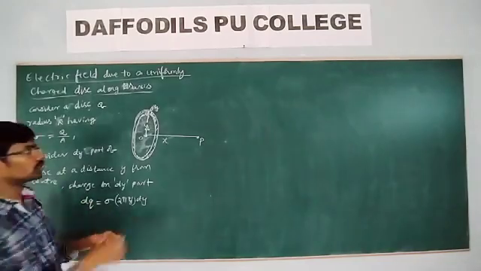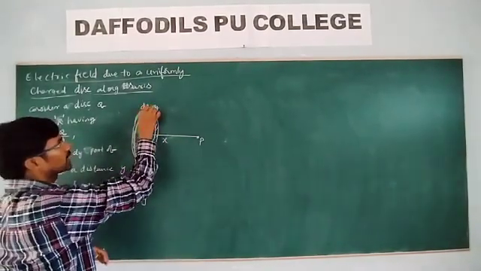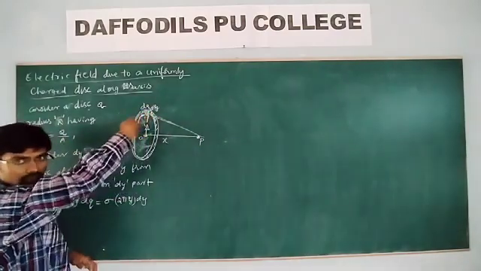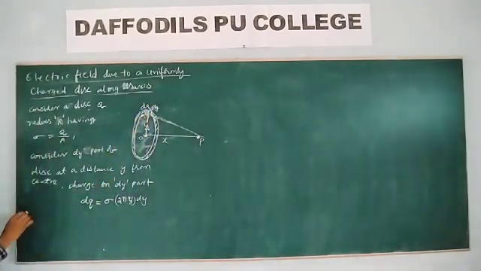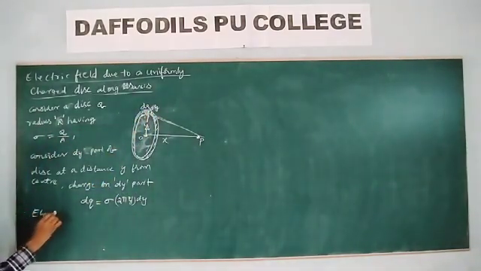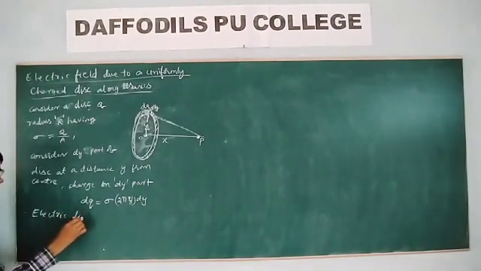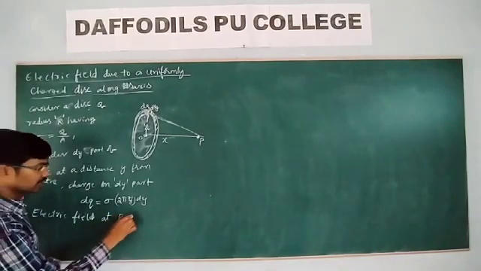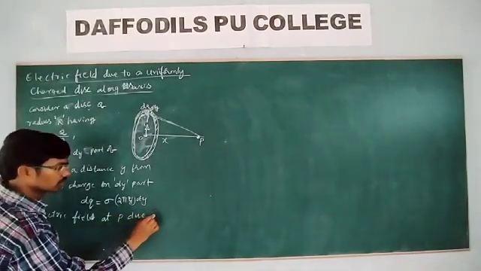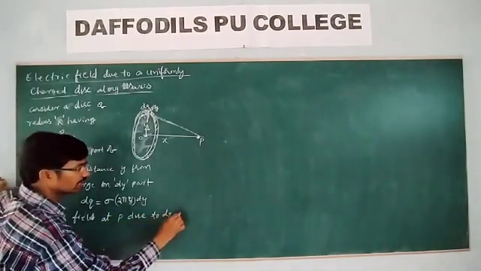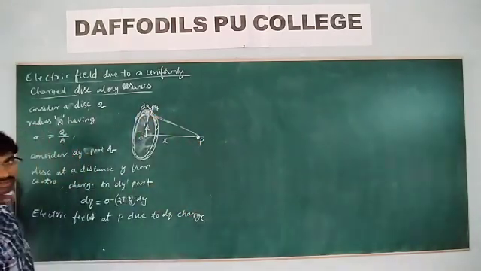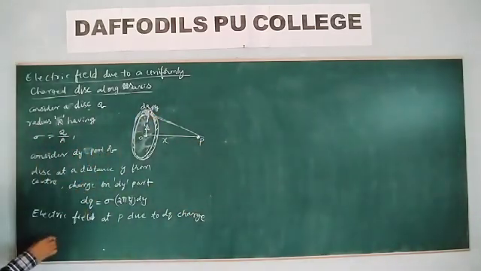Now, due to this dq charge, what is the electric field at this point? Already we calculated for a ring. Therefore, the electric field at P due to dq charge is the same as the previous one.